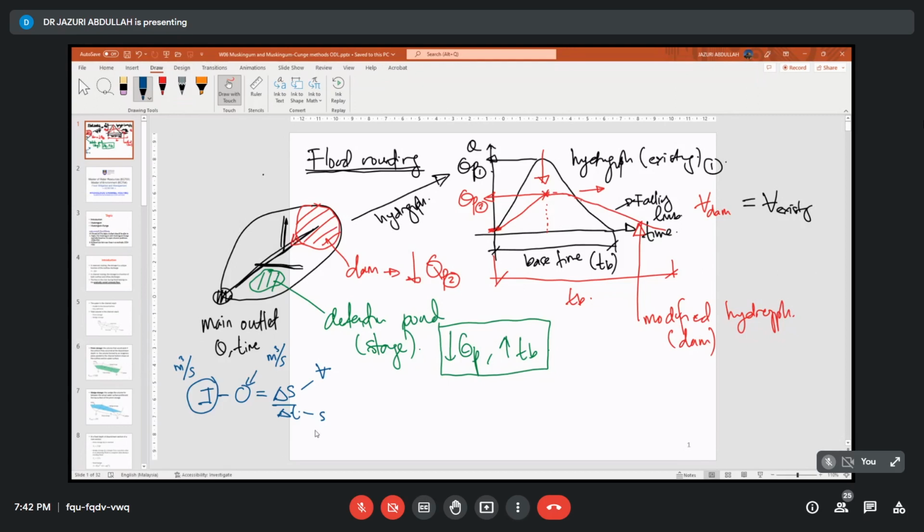Jadi bila kita dapat dekat situ, apa yang akan berlaku, kita cuba dapatkan secara average. So jadi kita akan tengok kepada inflow 1 campur dengan inflow nombor 2, so kita akan bahagikan dengan 2.